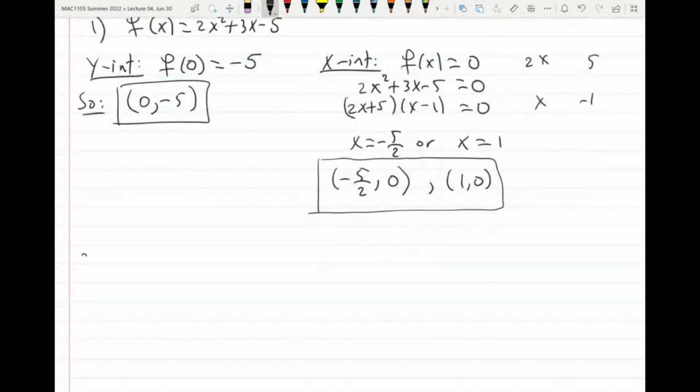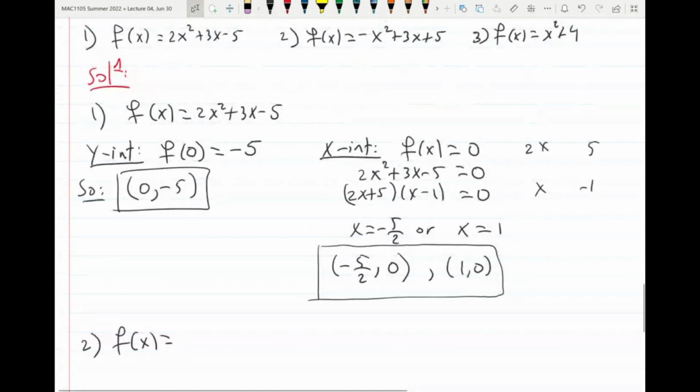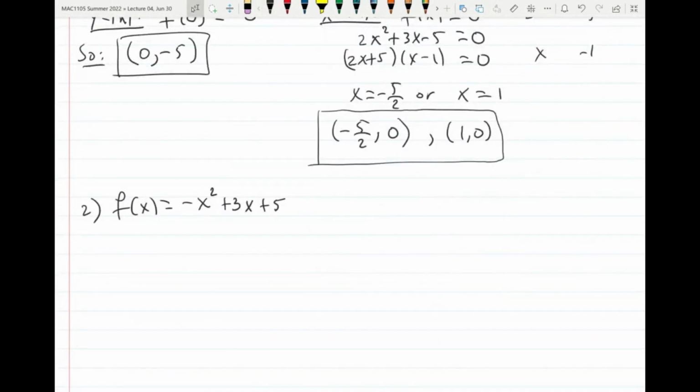So let's see. Go ahead and do number 2. So I'm gonna give you like 2 minutes to find the x and the y intercepts.